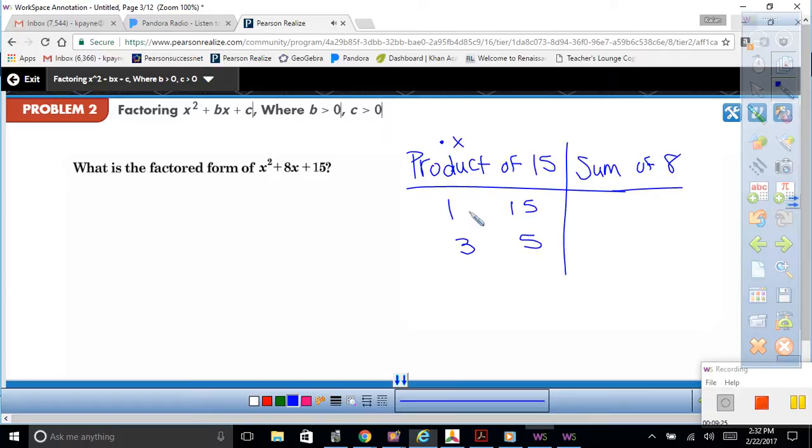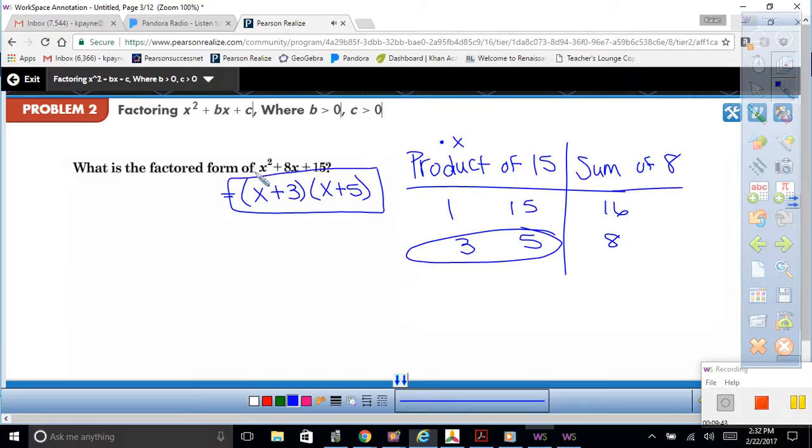Then we want to find their sums. 1 plus 15 is 16, 3 plus 5 is 8. So if we're looking for a sum of 8, these numbers gave us a sum of 8. That means our binomials would be x plus 3 times x plus 5. So that's the factored form of x squared plus 8x plus 15.